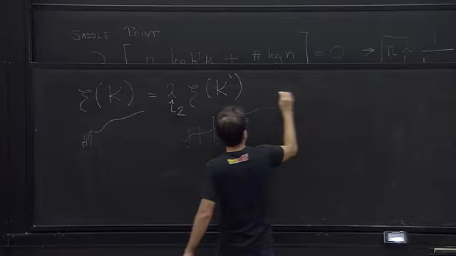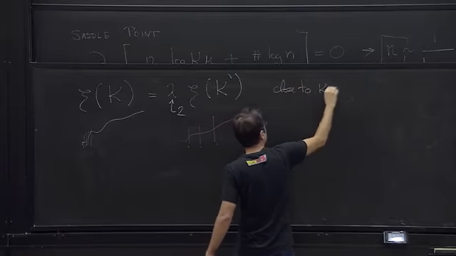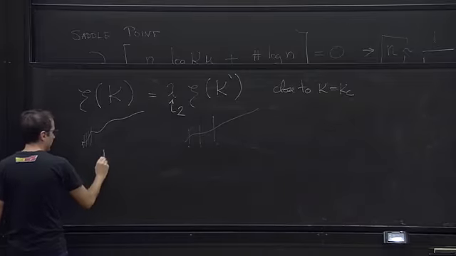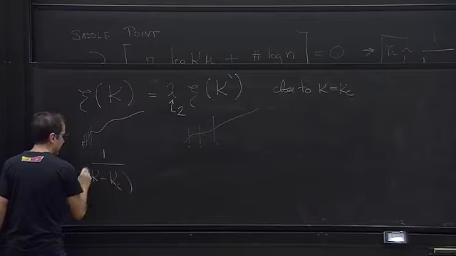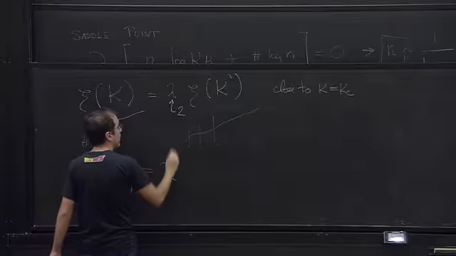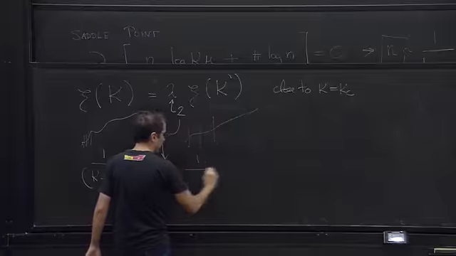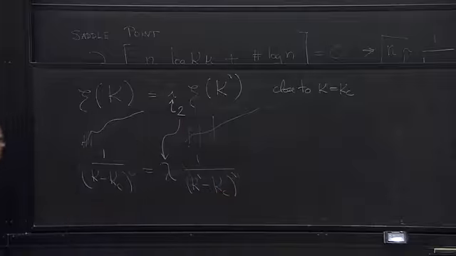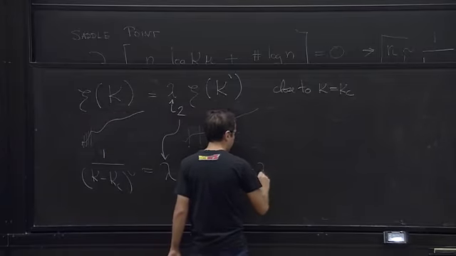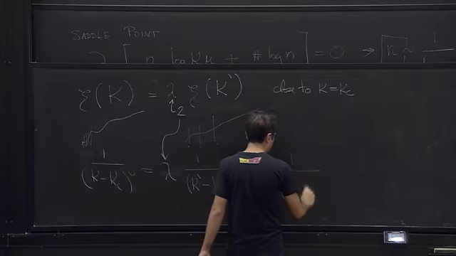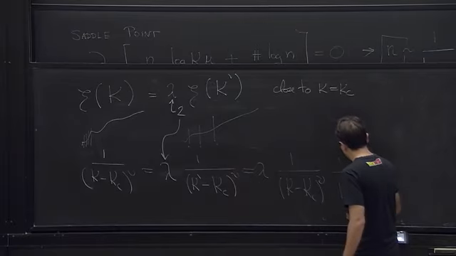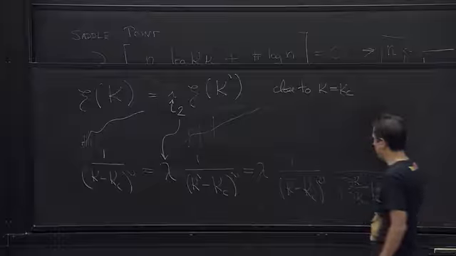So close to K equal to the critical temperature, we would conclude that 1 over K minus K critical to the nu is equal to lambda, which is 2, times 1 over K prime minus the critical temperature to the nu, which is lambda times 1 over K minus K critical times the derivative of K prime with respect to K at K critical, to the power nu.